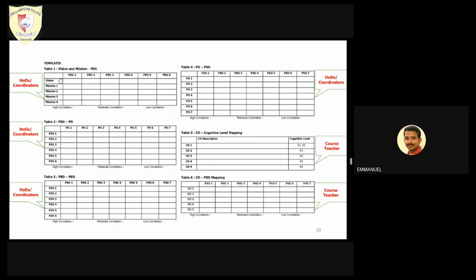Actually, this correlation is just seeing the level of matching. If the vision statement with the first program educational objective is an excellent match, you can give the highest value, like high correlation. Loyola has taken a mapping scale: 3 for high correlation, 2 for moderate correlation, 1 for low correlation, and 0 for nil correlation.